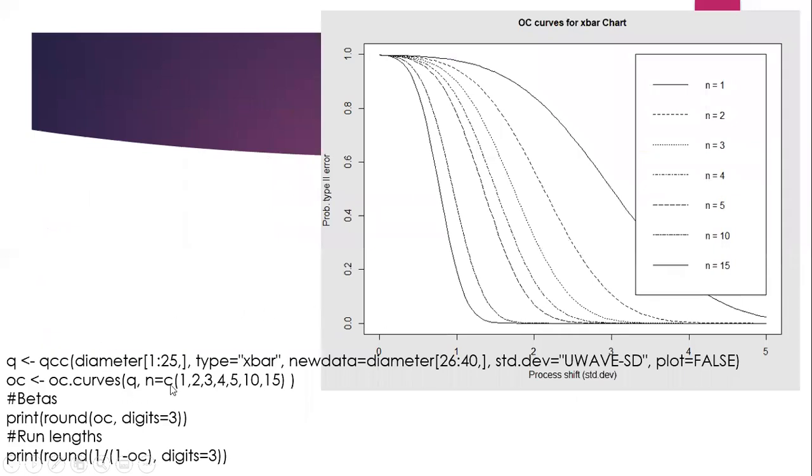So this is the coding in R language to plot the operating characteristic curves. If we use n equal to 15, we get this graph, the leftmost one. And if we use only n equal to 1, we get this graph.